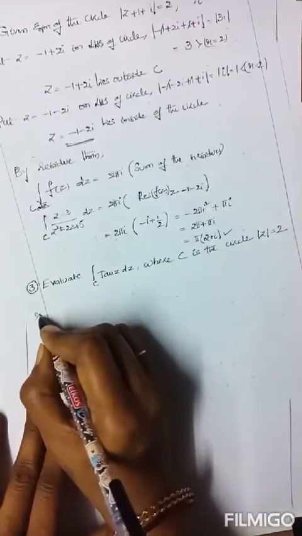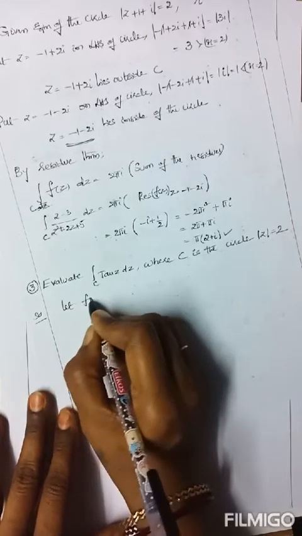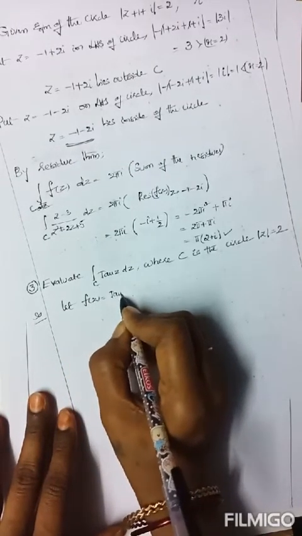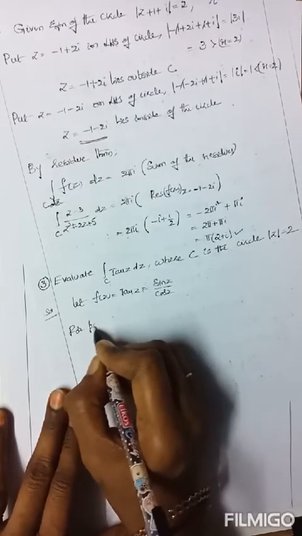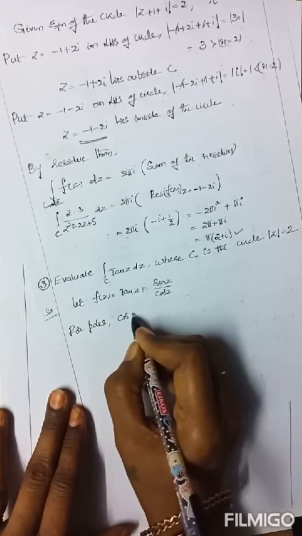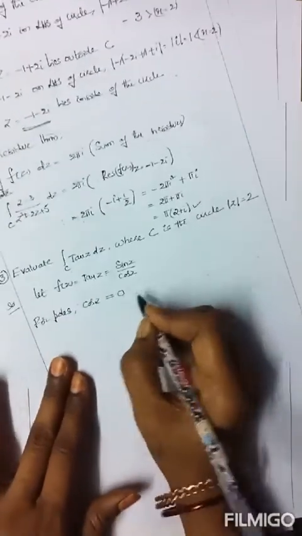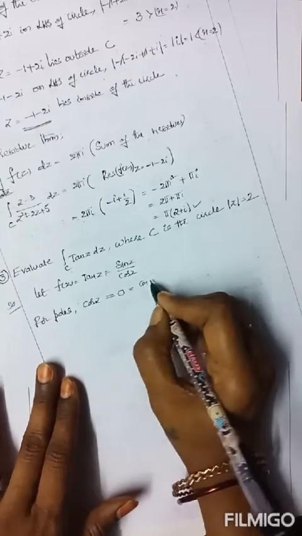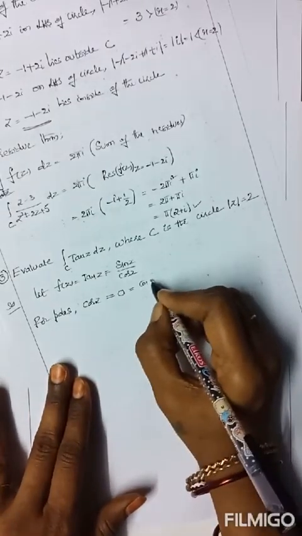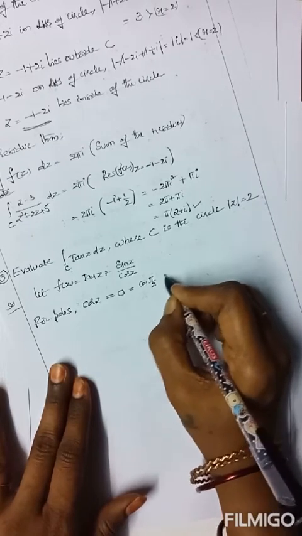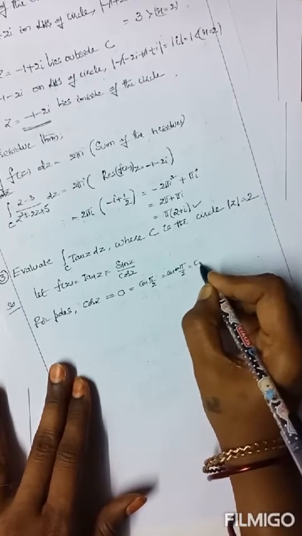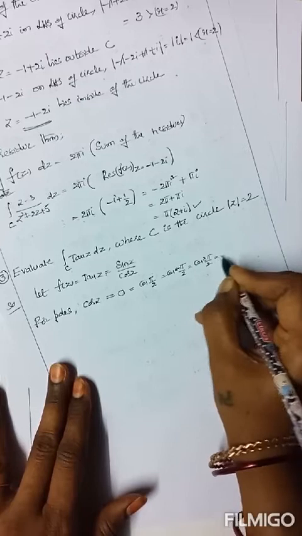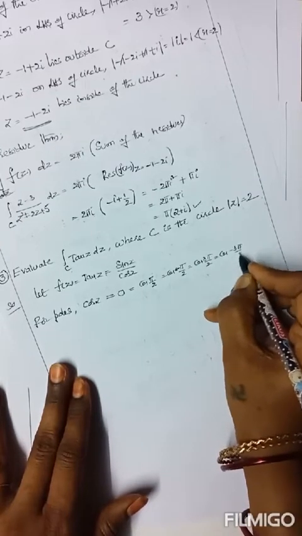Okay, first the function. Let the given function be f of z equal to tan z. Tan z is also written as sin z by cos z. For poles, the denominator cos z is equated to 0. In terms of cos, 0 can be written as cos pi by 2, cos minus pi by 2, cos 3 pi by 2, cos minus 3 pi by 2.